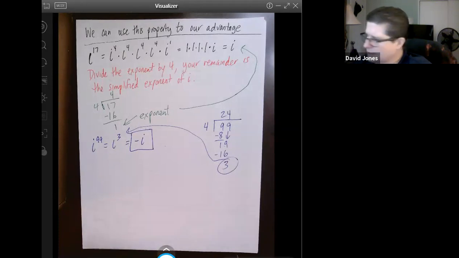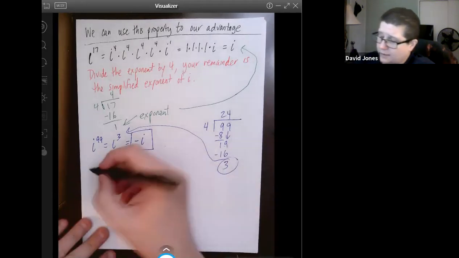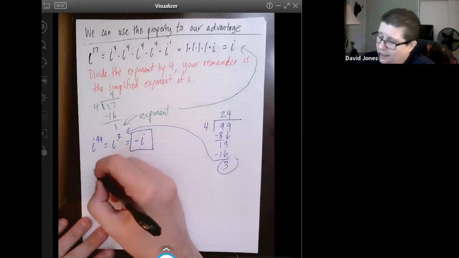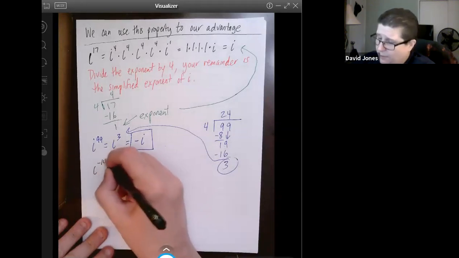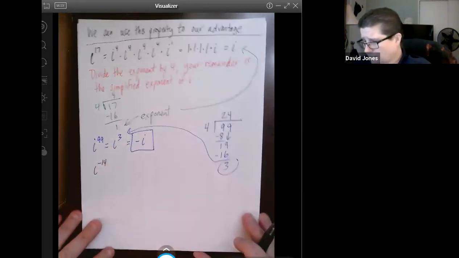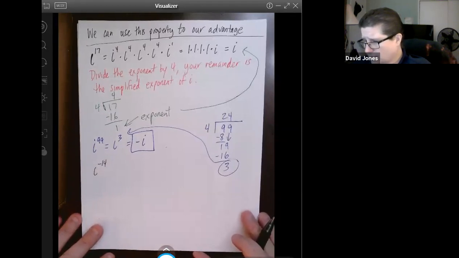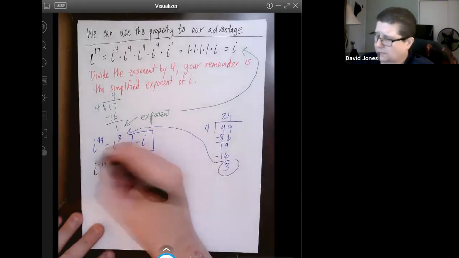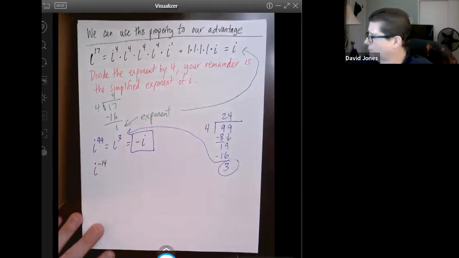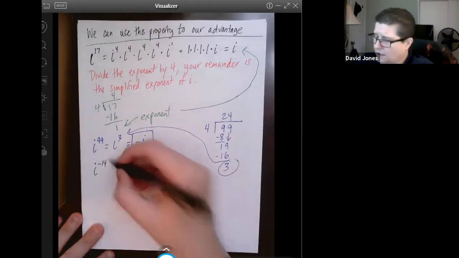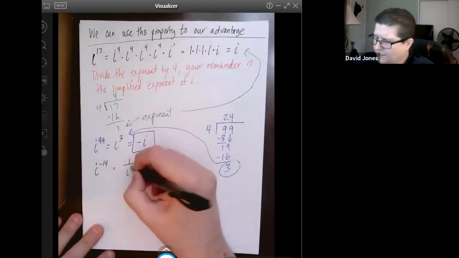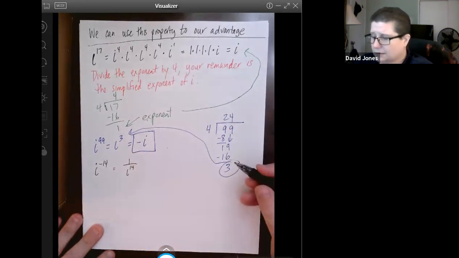We could do something similar if we had negative exponents. If I had like i to the negative 14th power, this is 1 over i to the 14th power.